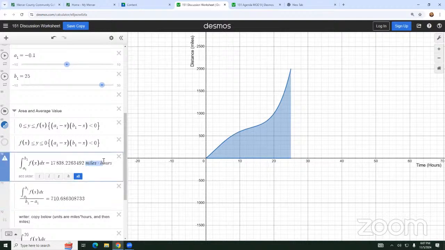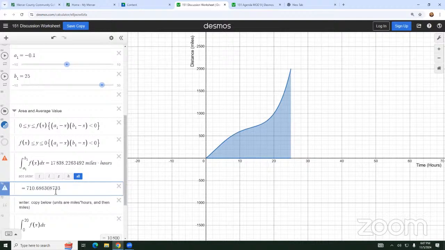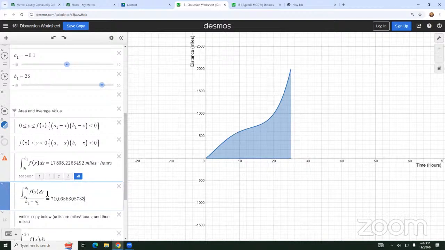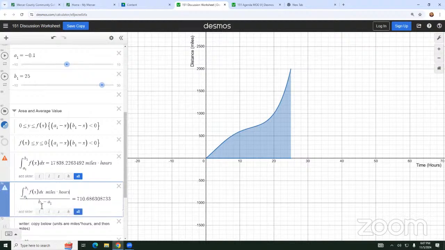But I want you to see something here. My original answer was mile hours. The units here up at the top would be mile hours. The units on the bottom would just be hours. Does everyone see that the hours would cancel and we just end up with miles?